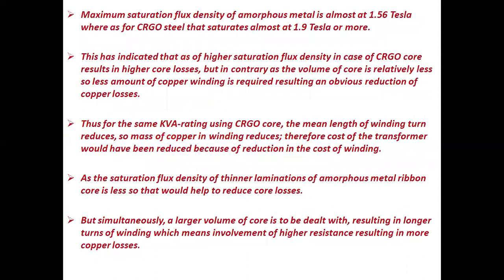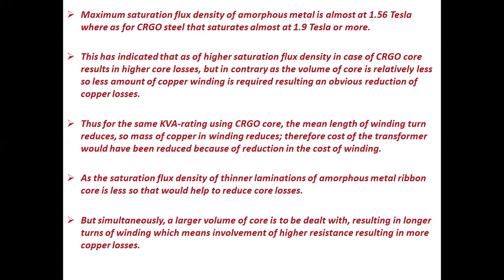Important points to be noted. Maximum saturation flux density of amorphous metal is almost 1.56 Tesla, whereas for CRGO steel, that saturates almost 1.9 Tesla or more.